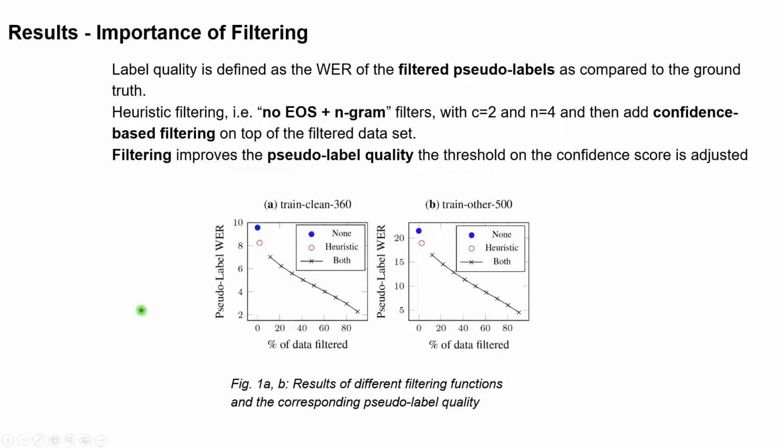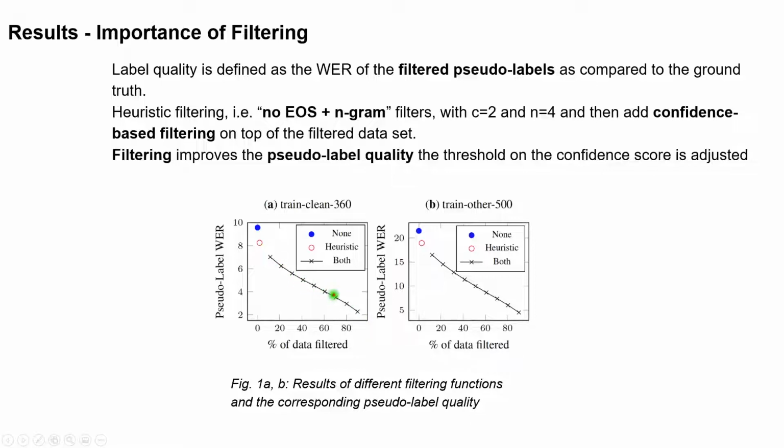This diagram shows how filtering has helped because of the pseudo label quality. It shows the confidence score filtering and the percentage of data which is filtered. Let's say 0 means you have not filtered any data, and 80 means you have filtered a lot of data.